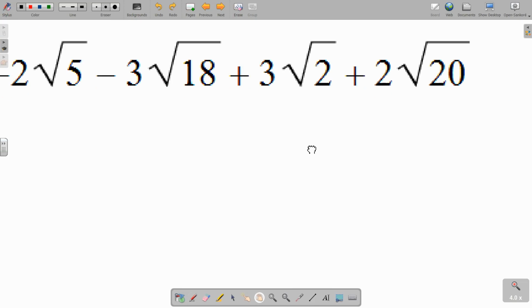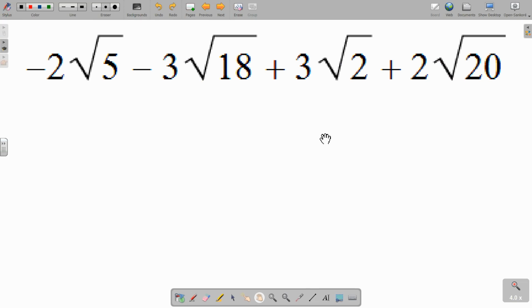You try. I'd like you to both simplify and then add and subtract these radicals. Simplify, add and subtract these radicals. Ready? Pause. Welcome back. Let's see how you did.